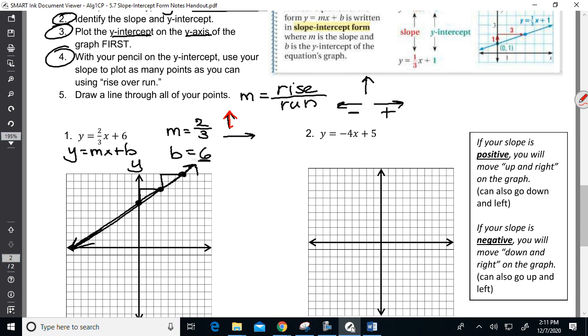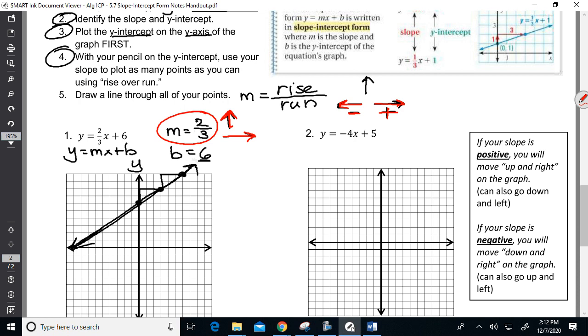The run tells you whether you're going left or right, but that depends on whether the number was positive or negative. If it was negative, you would run to the left. If it's positive, then you would run to the right. Since this is positive, that means you're going to go up 2 and to the right 3.